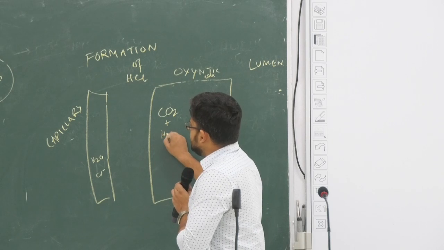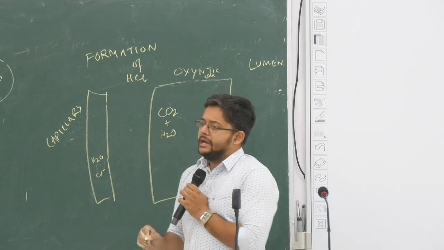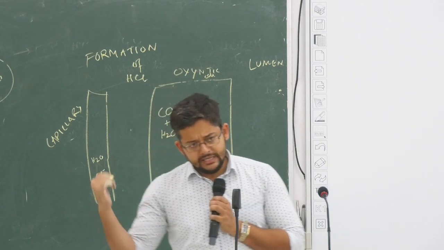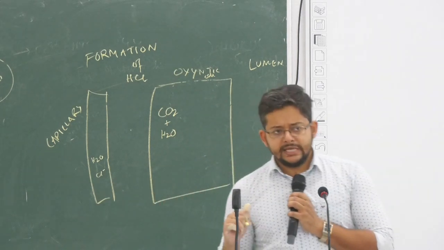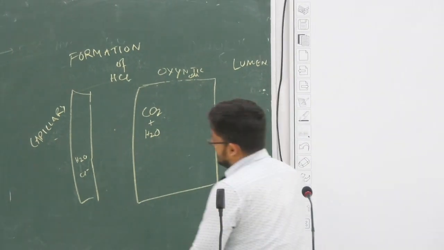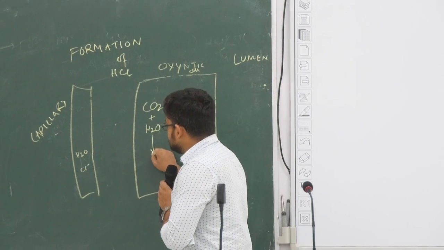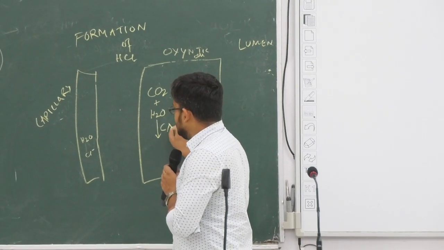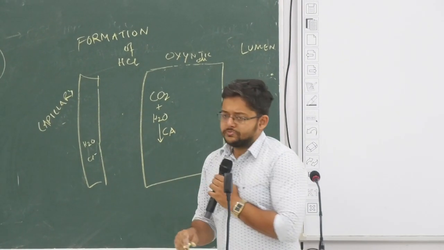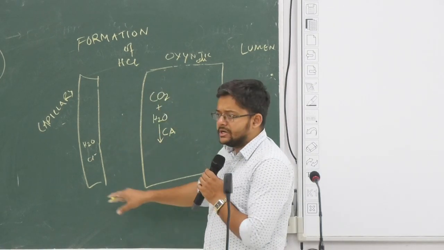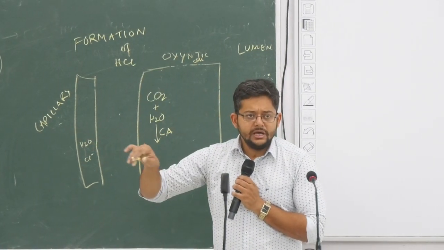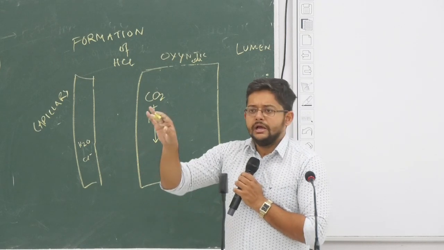So these two ingredients are plentiful in any cell, so as in the oxyntic or parietal cell. Now there is one particular enzyme which, whenever present, moves this reaction in the rightward direction. What is the enzyme's name? Carbonic anhydrase.